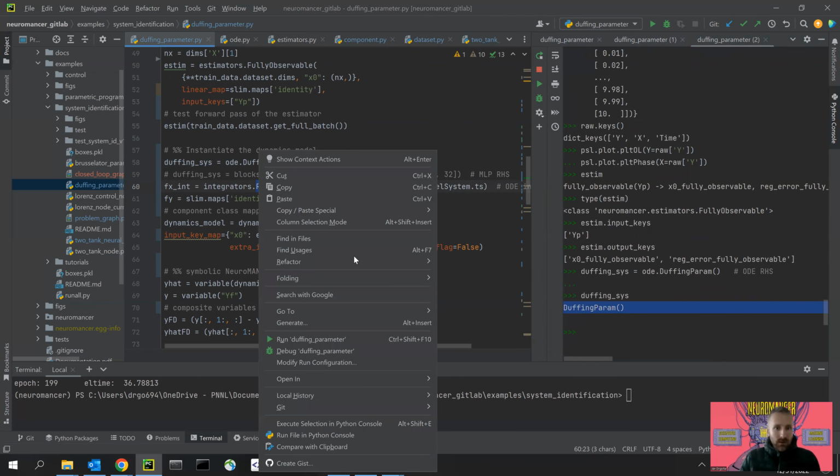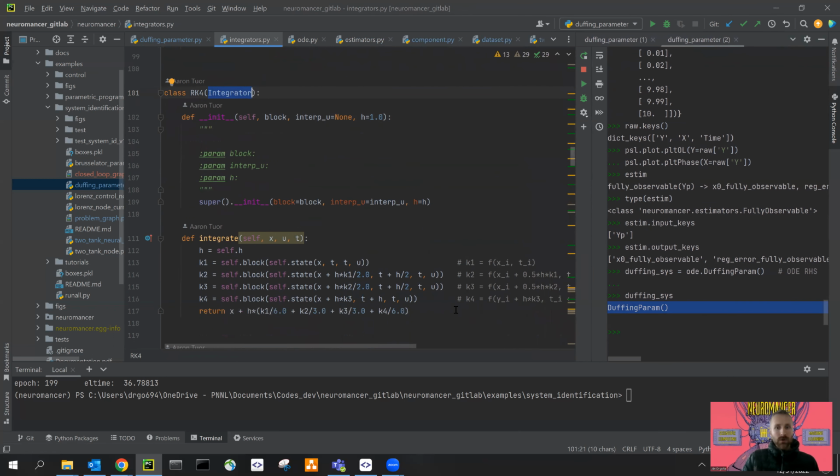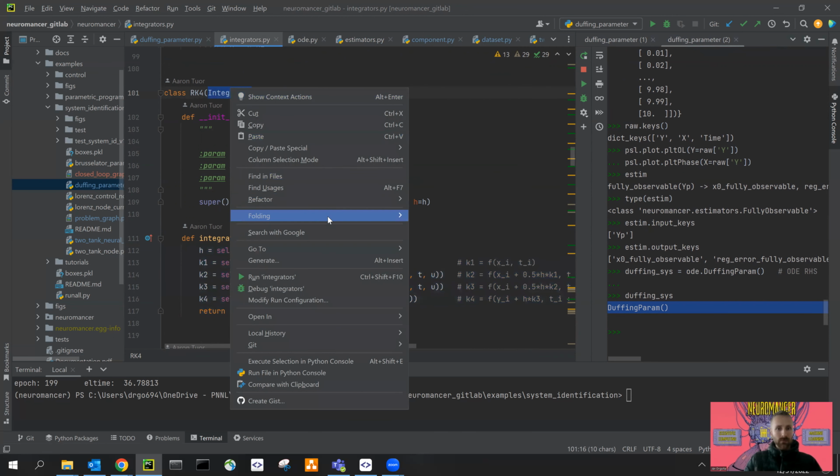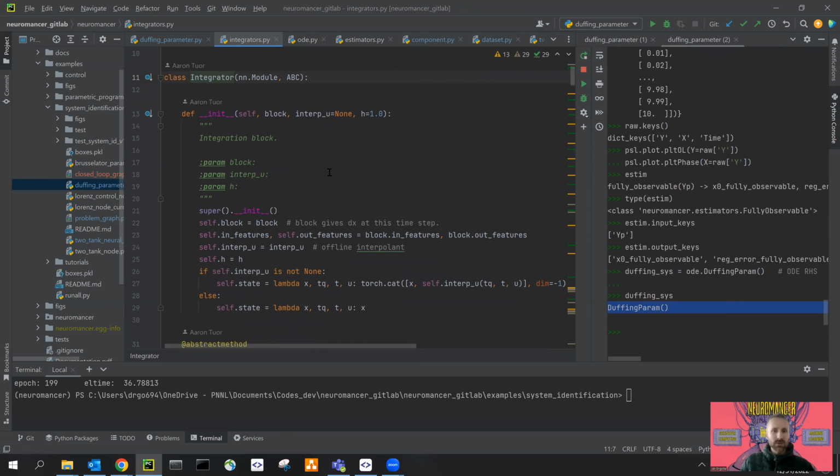So if we go over here, the Runge-Kutta equations are defined over here. Over here is the very standard integrator. For those of you who are not that familiar with ODEs and how integrators work, I strongly suggest you to check some Wikipedia pages or some ODE learning material.